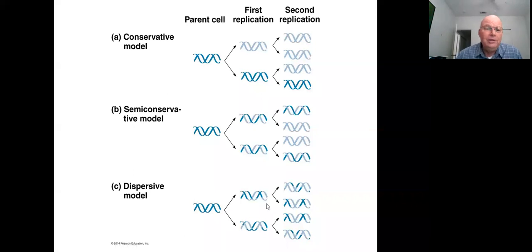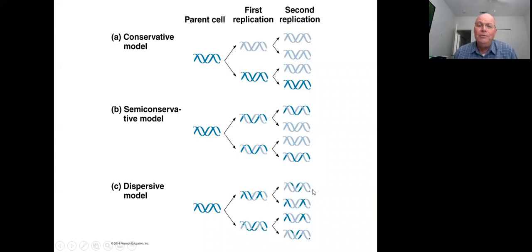The third model is known as the dispersive model, where there is no attempt to maintain the original DNA molecule intact or even one of the strands of the original DNA molecule intact. But as DNA replication occurs, you get a sequential dilution of the original DNA by the insertion of new DNA into the strand as a consequence of DNA replication.